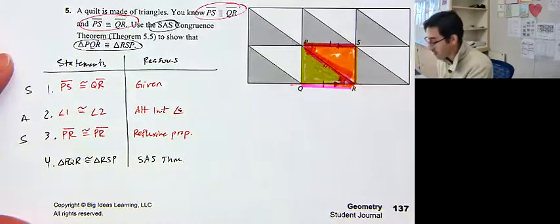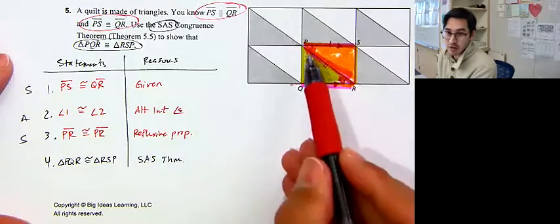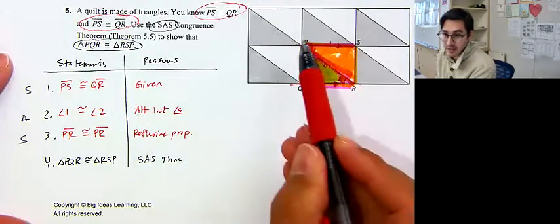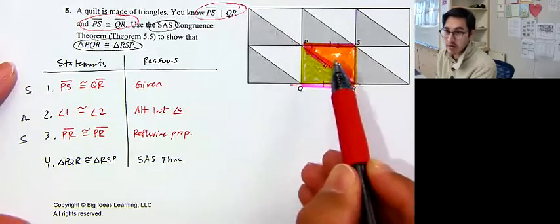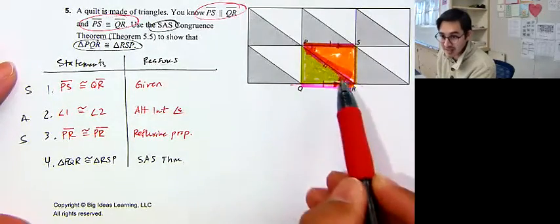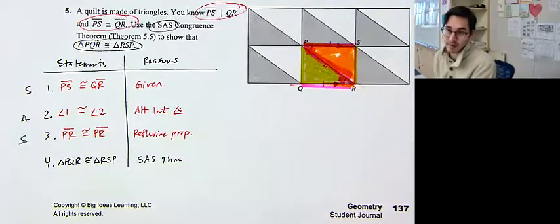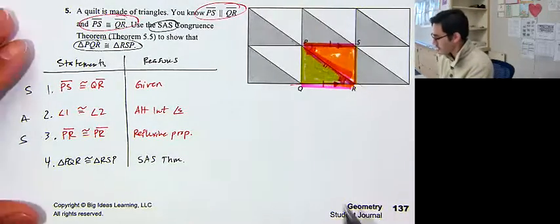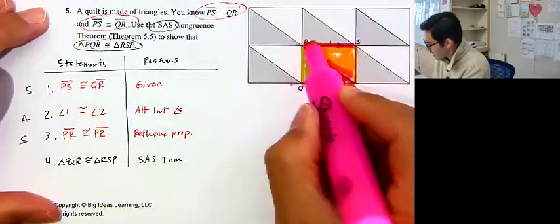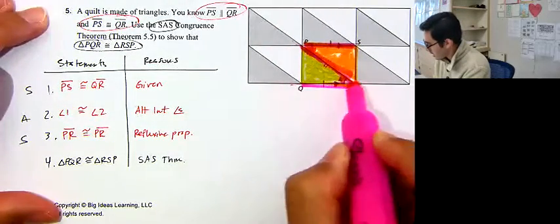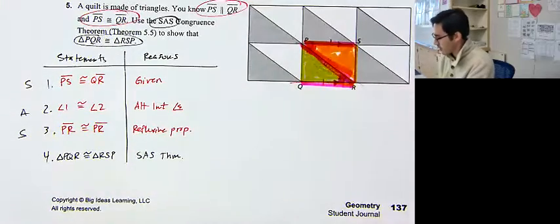So I'm going to put a double tick mark there, just to remind myself that this diagonal segment belongs to both the yellow triangle and the orange triangle, but because it's the same segment, of course it's going to be congruent to itself. Okay. And so there's our pattern, right? Again, side, angle, side.